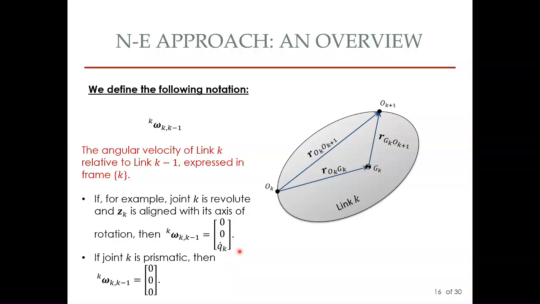So we'll have QK dot as one of the components of this vector. If you chose ZK to be parallel to the joint axis, it will be the last component. Not necessarily you need to choose ZK to be parallel to the joint axis. Whatever you choose, the component here. And if it's a prismatic joint, then you don't have rotation of link K relative to K minus 1, so this will only be zeros.